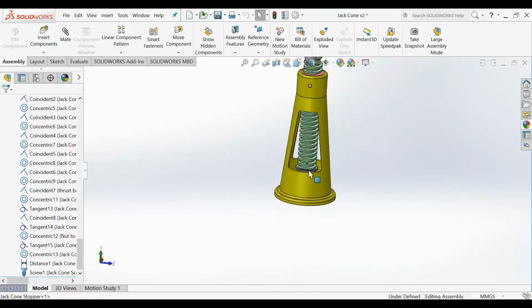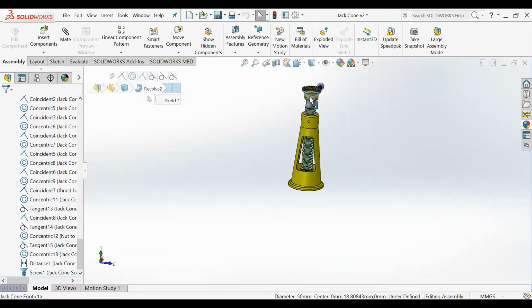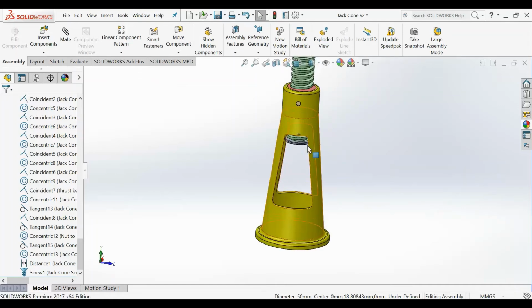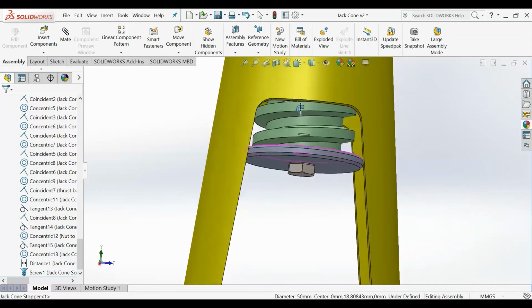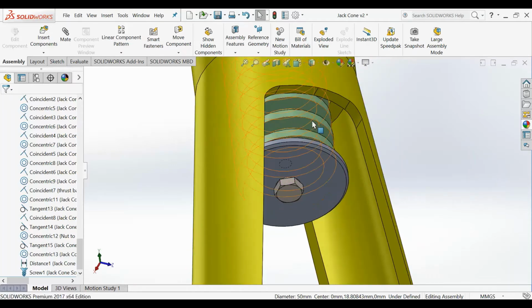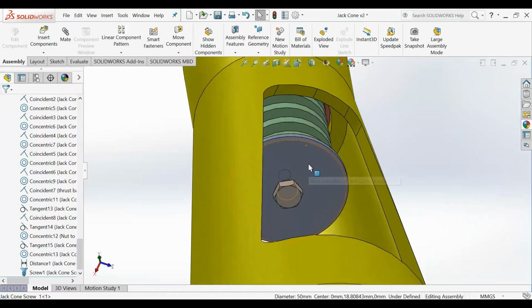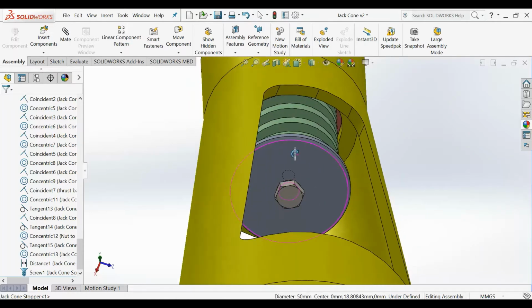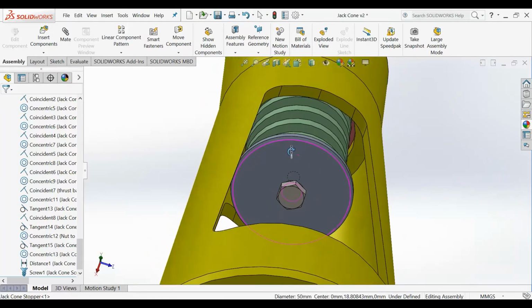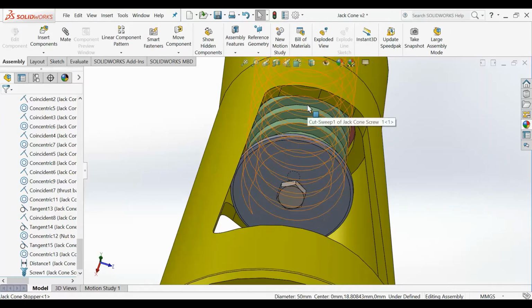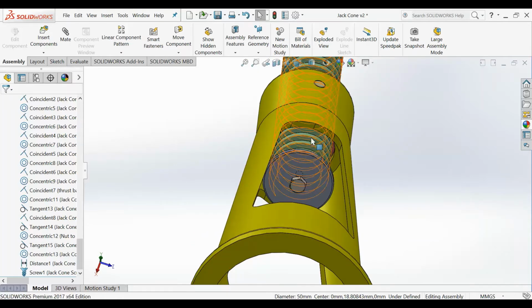Because if we miss the end of the screw, it may be a dangerous situation when the screw will be unscrewed from the nut.